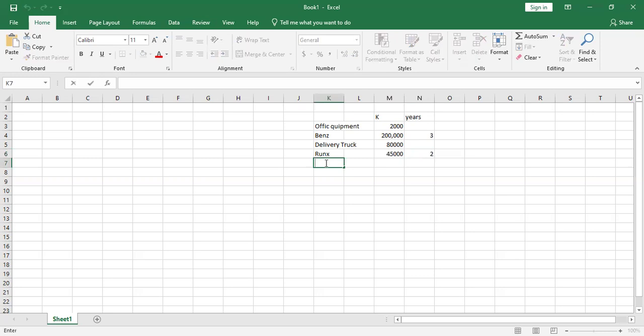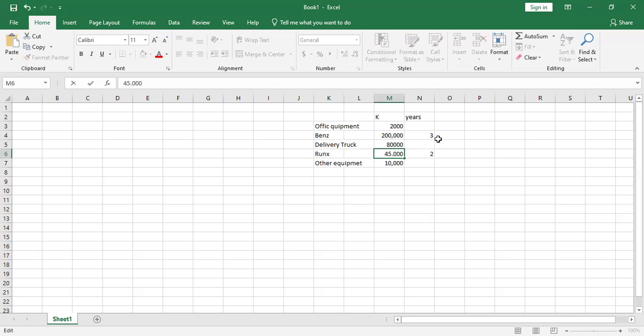Then other equipment, how much? Other equipment, it's 10,000. Then we have the Benz was sold at 80,000.